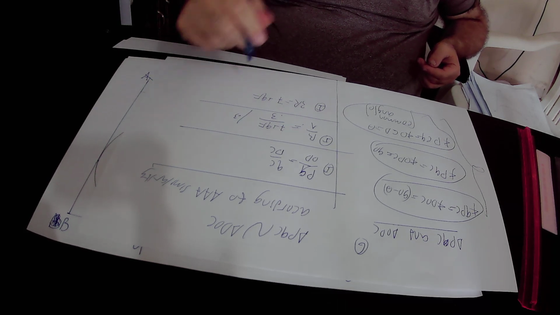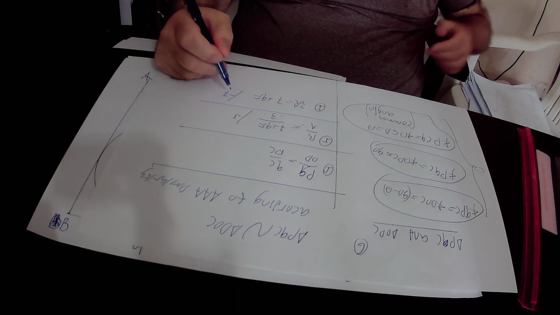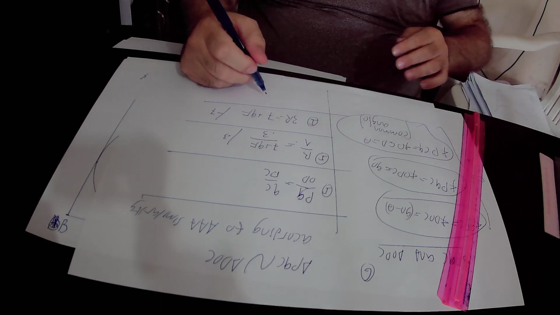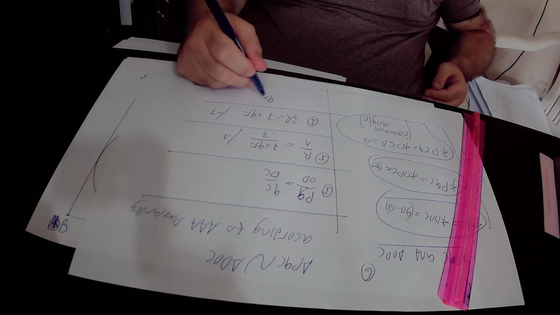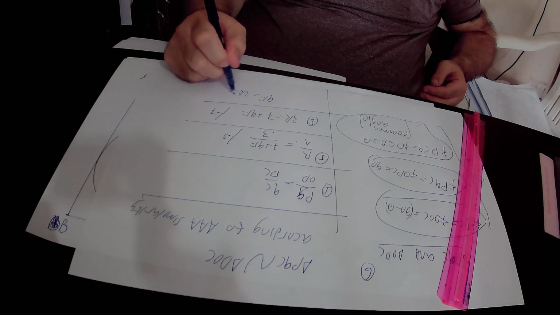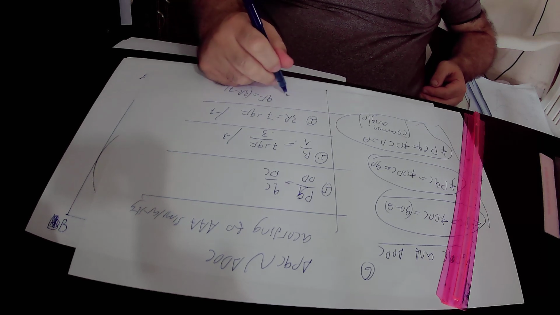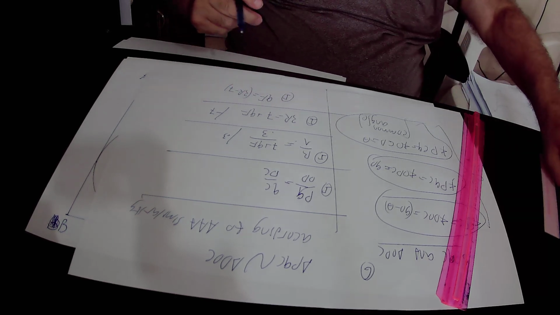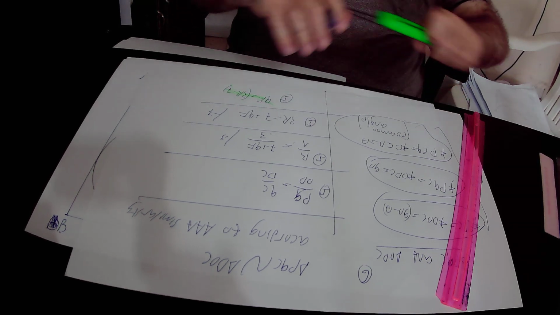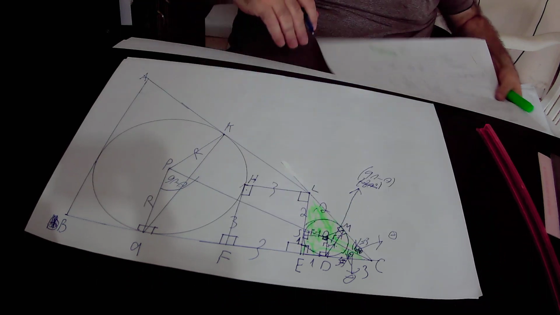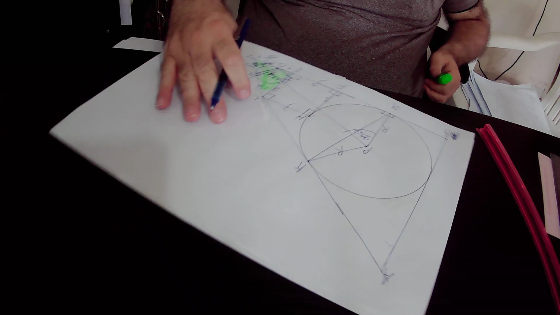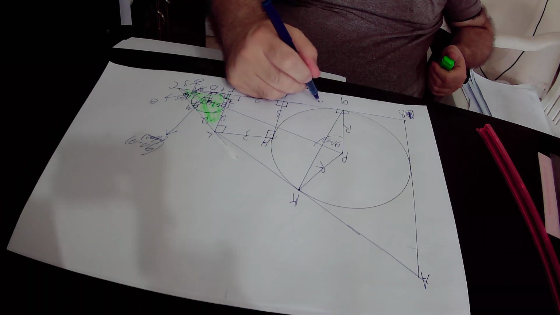Here we subtract 7 from this equation number 1, and we get that QF equals 3R minus 7. Here we can write down in the drawing that QF equals 3R minus 7.